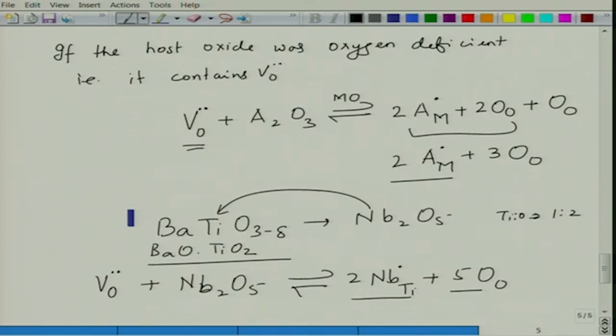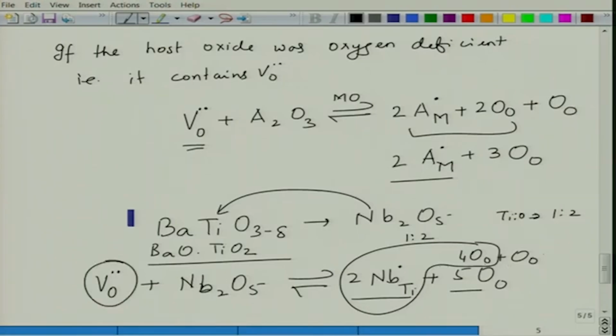Okay. So, out of these 5, you can write this 4Oo plus Oo. So, this is site balance 1:2, and this is compensated by this extra one. So, this is how barium titanate is made more resistant.